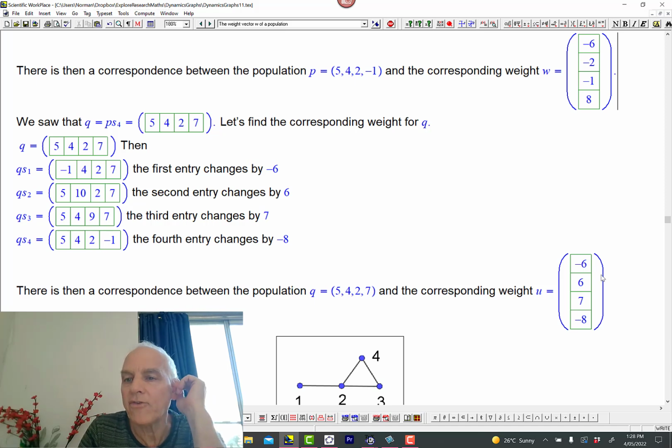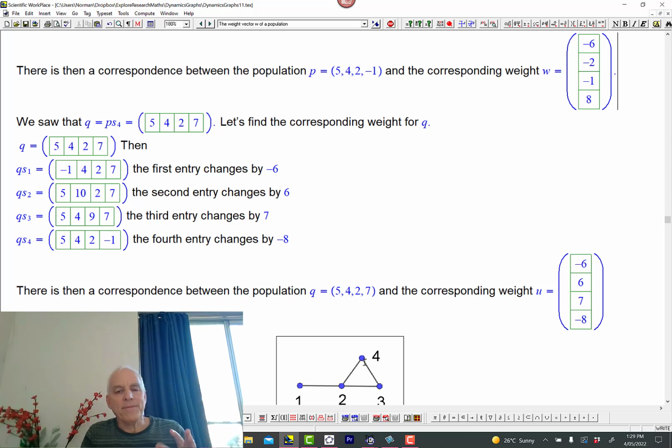That what's happened is that we've taken this 8 at vertex 4 and added it to each of its neighbors, and then negated the sign of it.